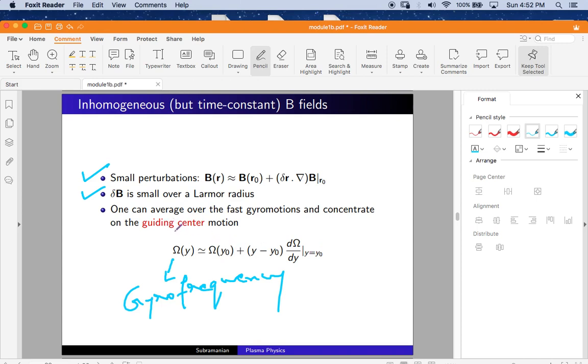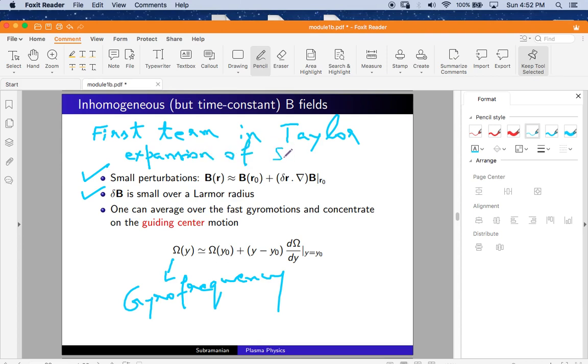Okay, so you can recognize this as just the first term in the Taylor expansion is enough.